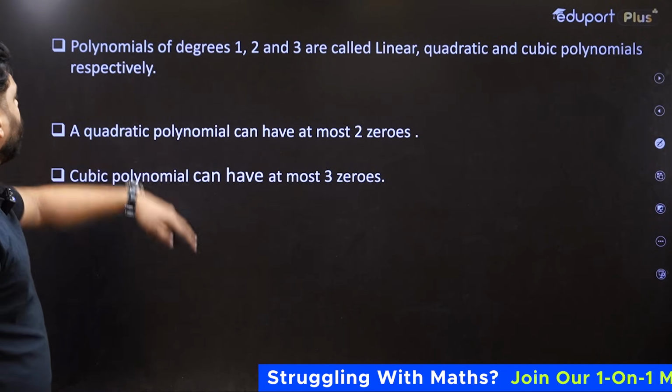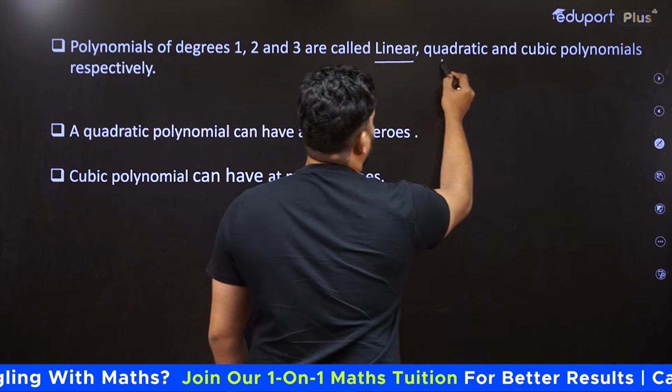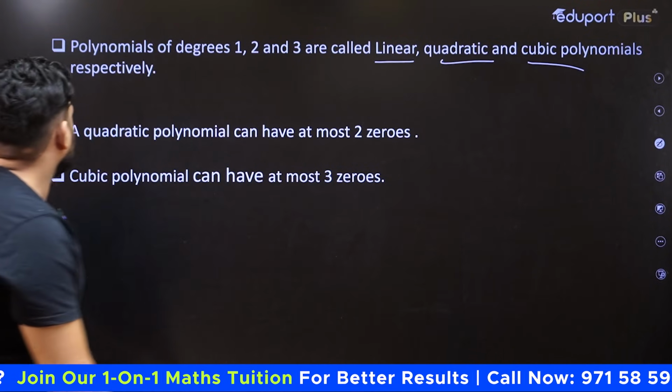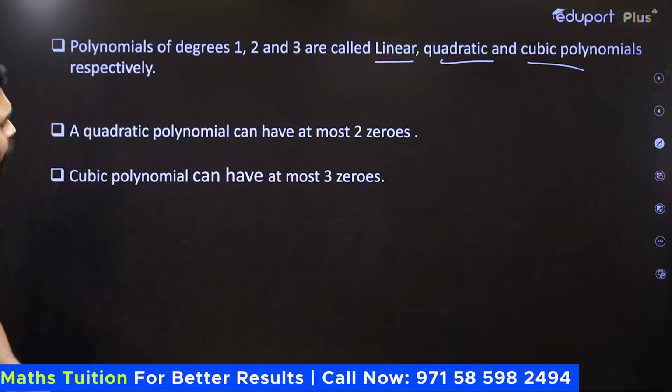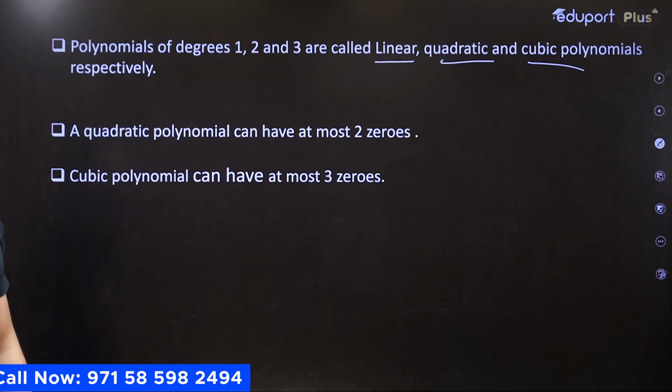So, polynomial of degree 1, 2 and 3 are called linear, quadratic and cubic respectively. The quadratic polynomial can have at most 2 zeros and cubic polynomial can have at most 3 zeros.